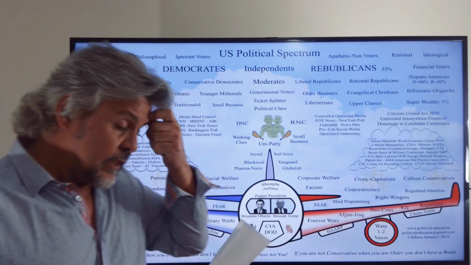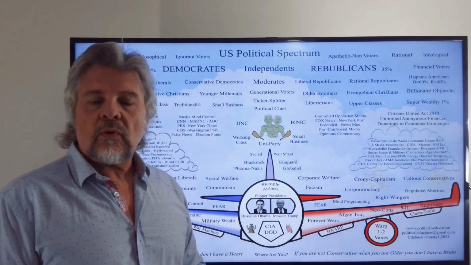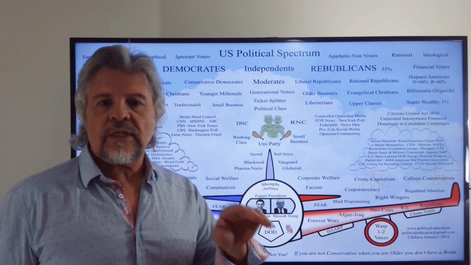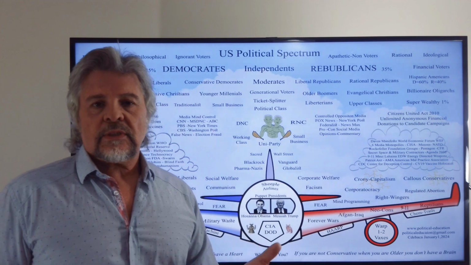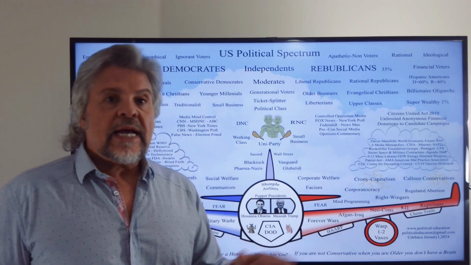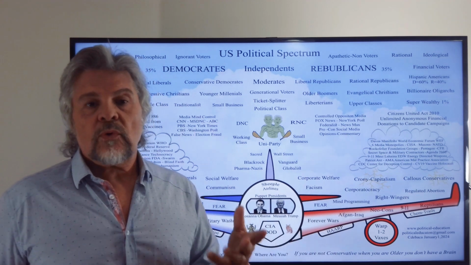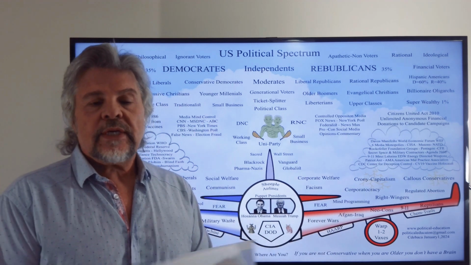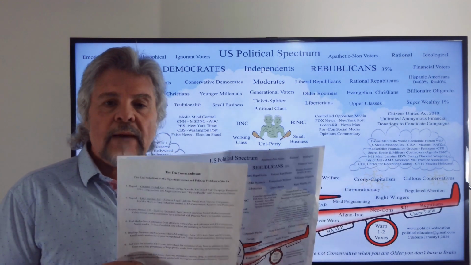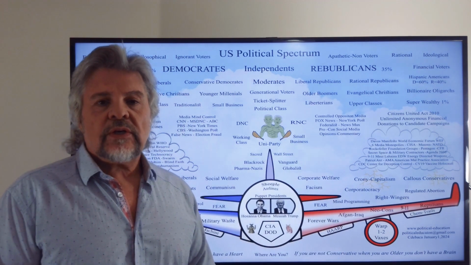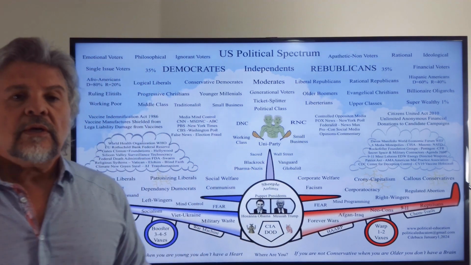So you'll stick the terms and vocabulary inside here, and now we're all going to be using the same terms and vocabulary. And one of the problems with political science is that everybody has a different interpretation of the terms and a different vocabulary list. So we need to get on the same page with the correct terms, the correct vocabulary, and then we can understand these complex political, social issues much better.